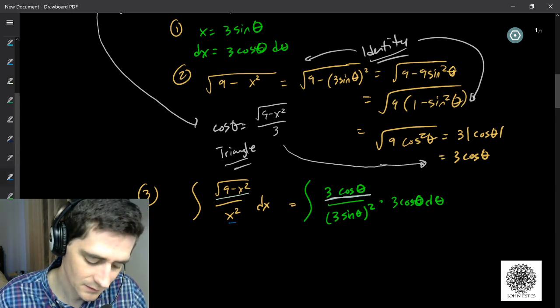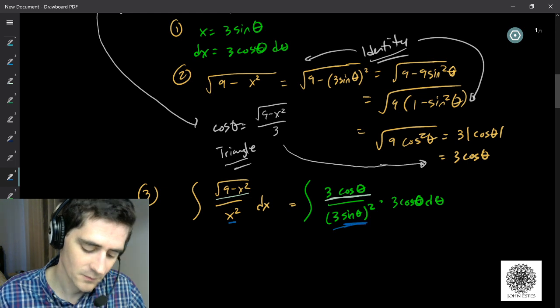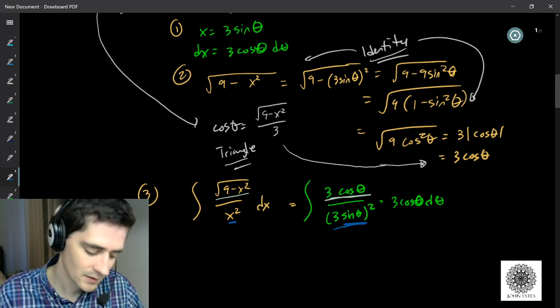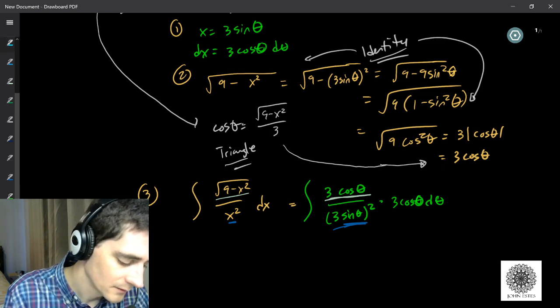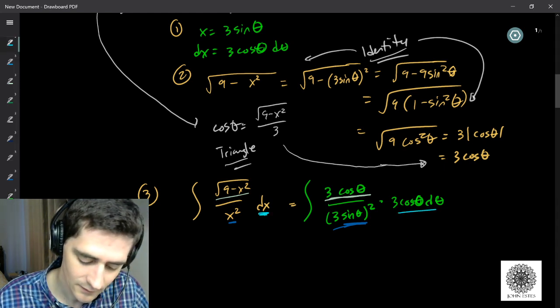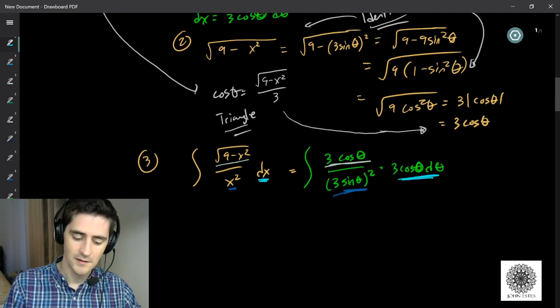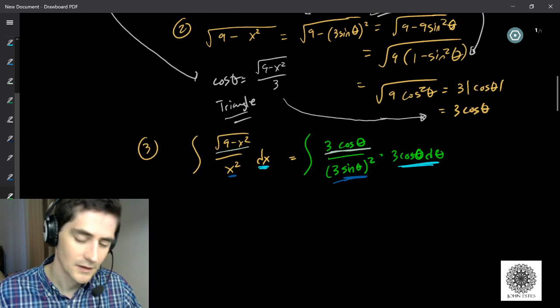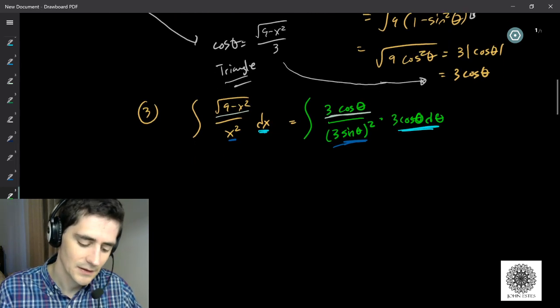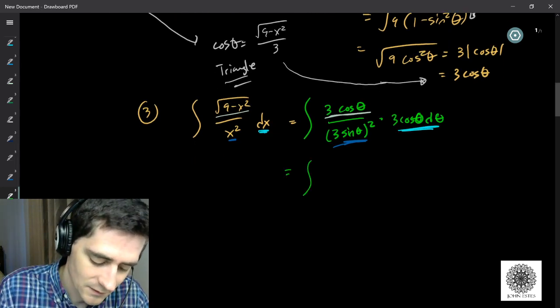So the square root of 9 minus x squared becomes the 3 cosine theta. I'll try to color code this. The x squared becomes the 3 sine theta squared. And then, let's see, I need another color. The dx is the 3 cosine theta d theta. And now where I could not integrate this square root of 9 minus x squared over x squared dx, I can integrate this other expression, because look what happens.